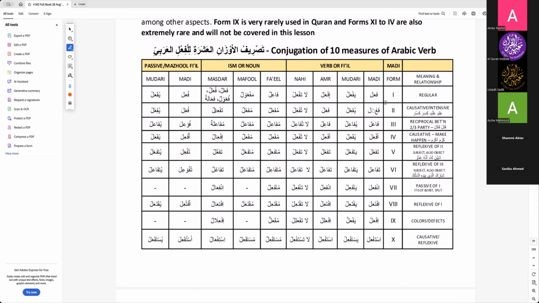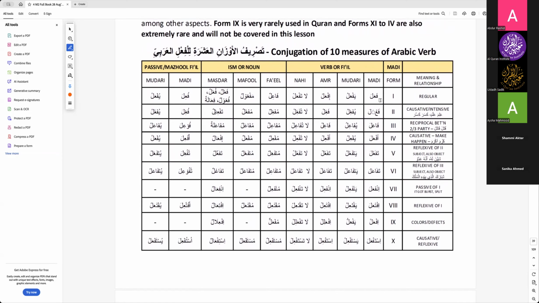So as you can see, fa'ala, the original tri-letter word here. Let me get this. Magic pen. There you go. Fa'ala is madi, and mudari tense is yaf'alu.